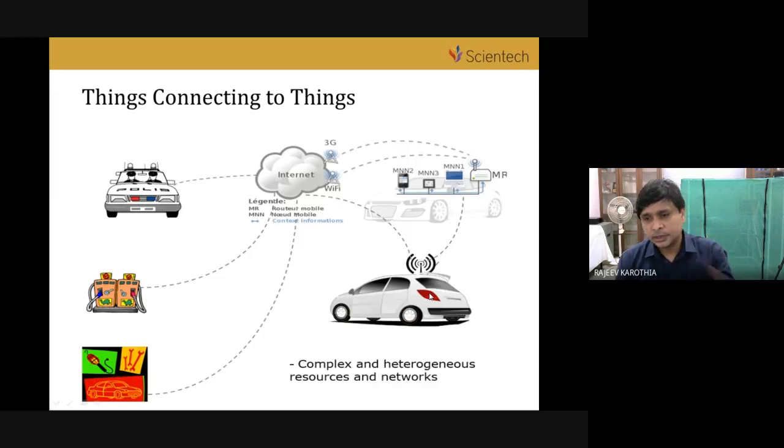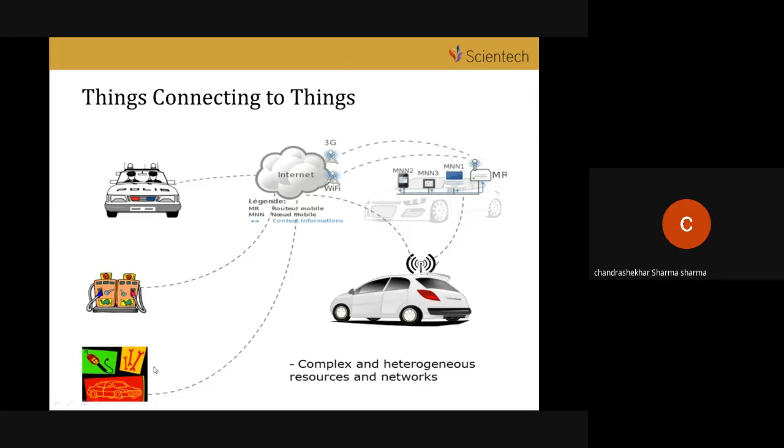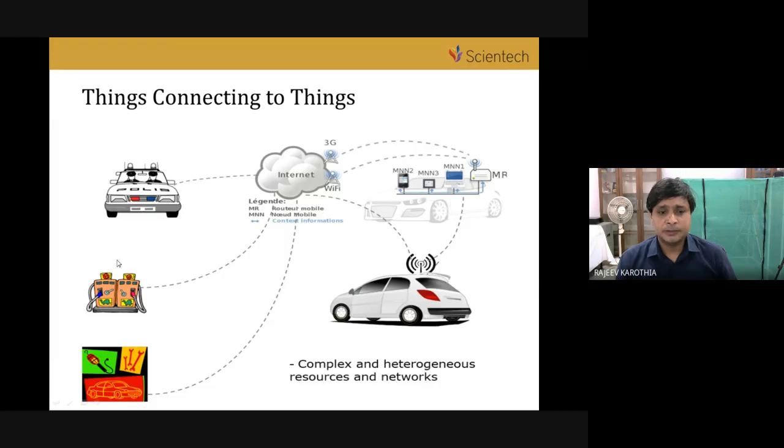Like if your car is due for service and you are not aware of it, automatically the car generates an alarm for you to book your car at the service station, telling you it is time to get your car serviced. And by using this you can get information about different locations like petrol pump stations and service stations, so that you can get the things connected with the cloud, or we can say it is communicated by using the cloud between things and things.